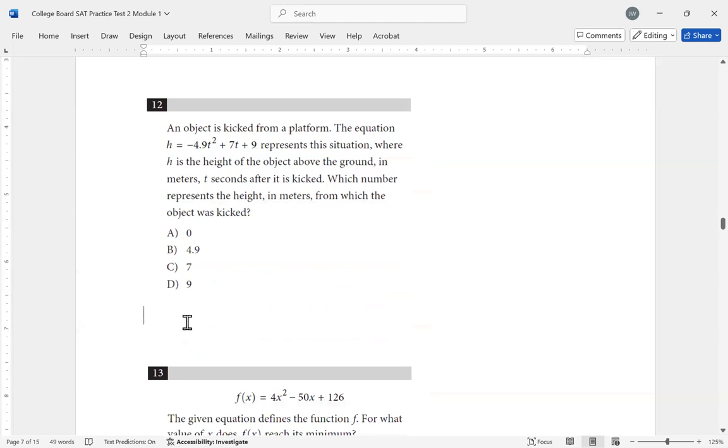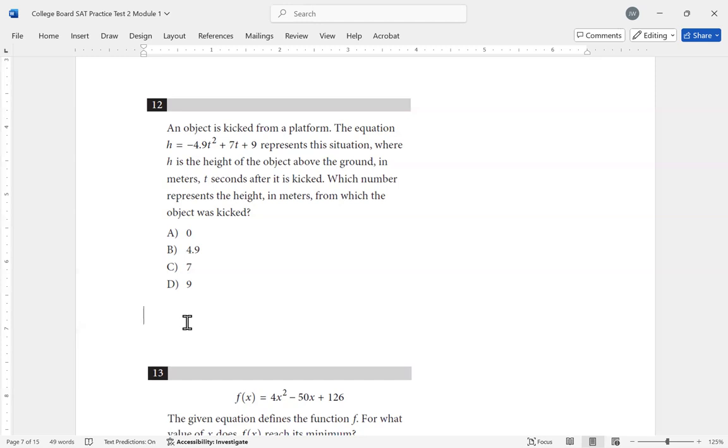Question number 12 says an object is kicked from a platform. The equation h equals negative 4.9 t squared plus 7t plus 9 represents this situation, where h is the height of the object above the ground in meters, t seconds after it's kicked.